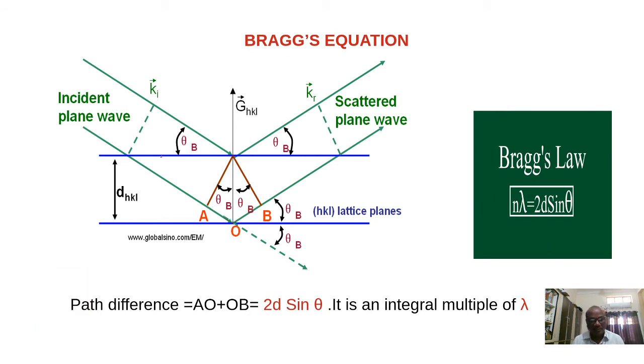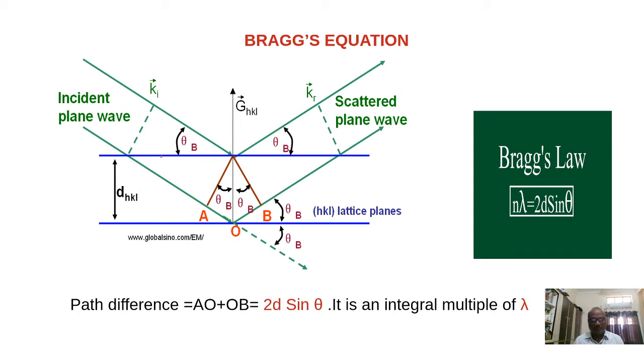What is the first point? In order to have constructive interference, what is the condition? The two X-rays must be in phase. In order to be in phase, what is the condition? The extra distance traveled by the second X-ray must be an integral multiple of the wavelength of X-rays. Again we are calculating the AO plus OB distance. AO or OB is equal to d sine theta.